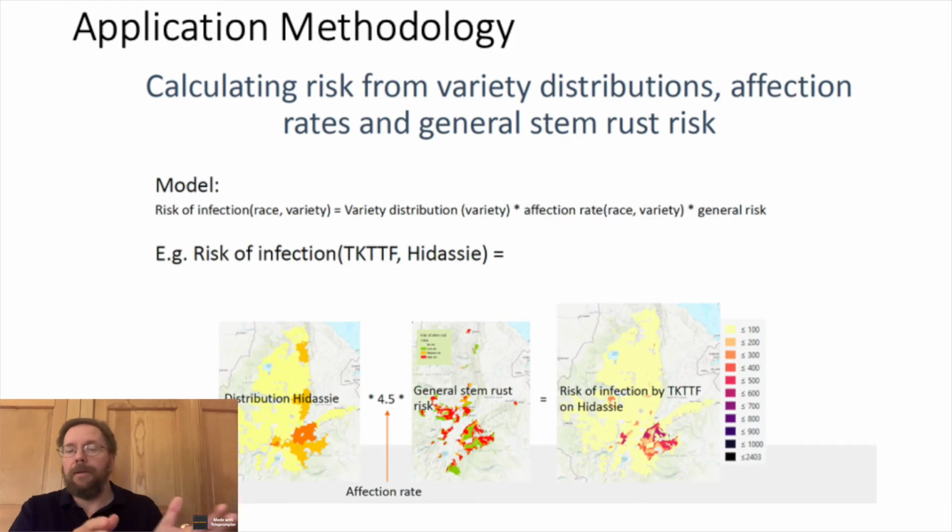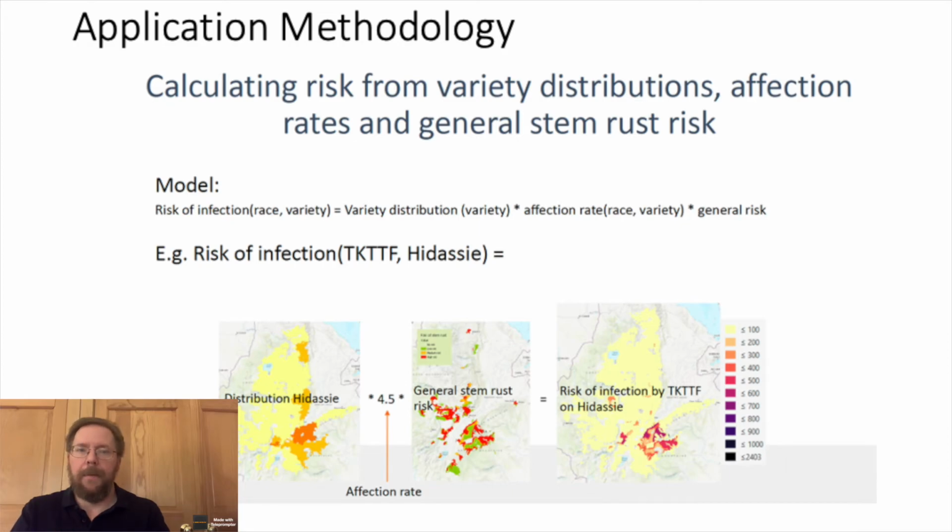Then, using those factors involved in the algorithms, the result is the risk of infection by that race on that particular variety of wheat at that location. The method can also calculate based on either a single or combination of varieties present at a given location.